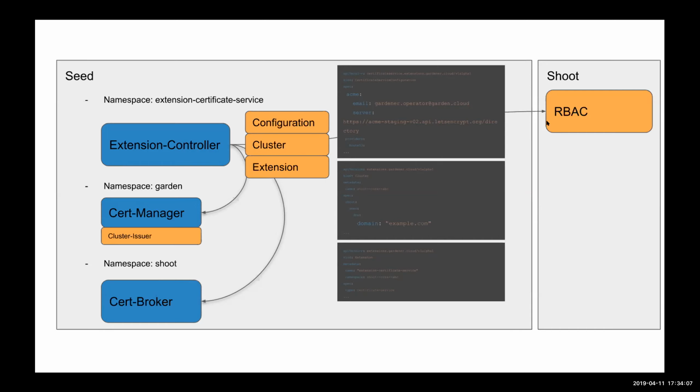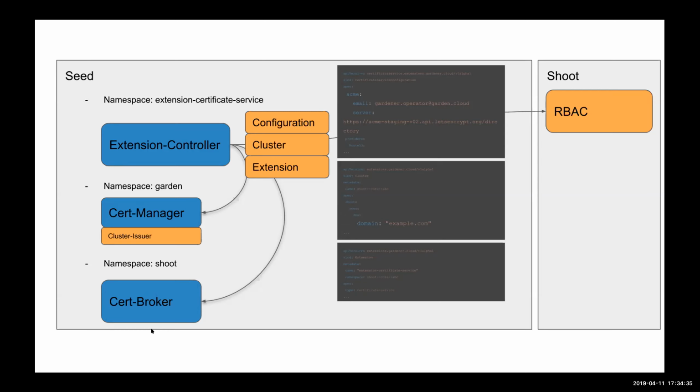For example, it needs a cluster role and a cluster role binding to be able to list ingress objects and create secret objects, because it issues the certificates finally in the shoot cluster, and so on. So this is the big picture of the whole system.